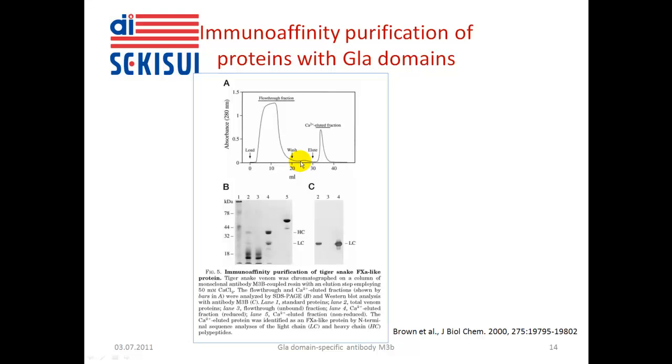Then they washed the column, and then they eluted the column just by passing through a calcium containing elution buffer. And here you see the result of the immunoaffinity purification with the factor 10A-like protein from snake venom, which is a Gla-domain containing protein, being eluted from the column.